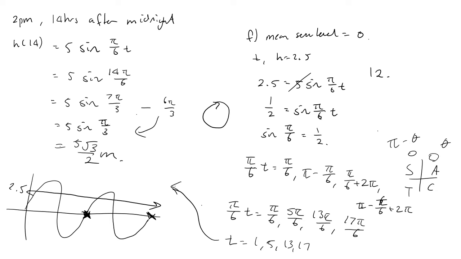And it says the boat can cross the harbour bar when the tide is at least 2.5 meters above mean sea level. So that includes all the y values that are greater than 2.5. So it includes all this area, where that is 1, that is 5, and that is 13, and that is 17.